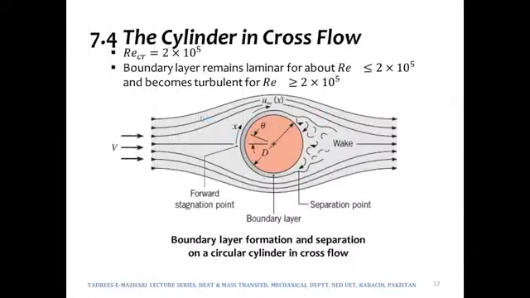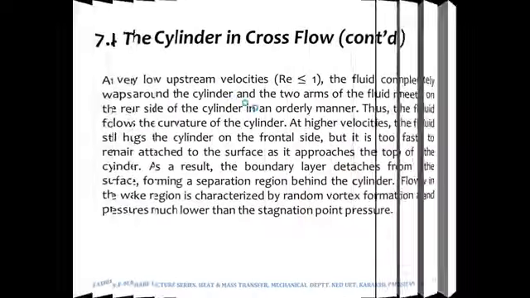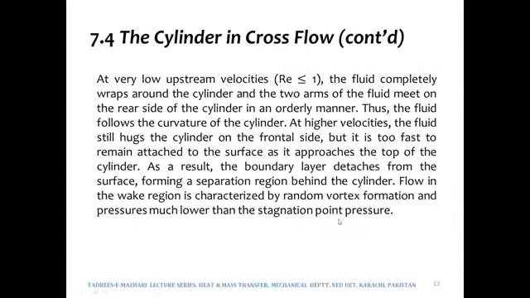Right? So if the Reynolds number is very small, then this separation phenomena will not take place. Rather the two arms, this arm and this arm, will follow this curvature, and then they will meet over here, and the flow would be as orderly downstream as it was upstream, but at higher velocities.